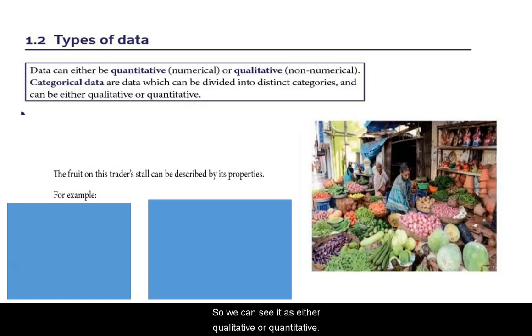So we can see it as either qualitative or quantitative. Sometimes we refer to qualitative data as categorical data, because we want to look at distinct categories of this data. And later on, we will proceed to classify this data as either discrete or continuous data.